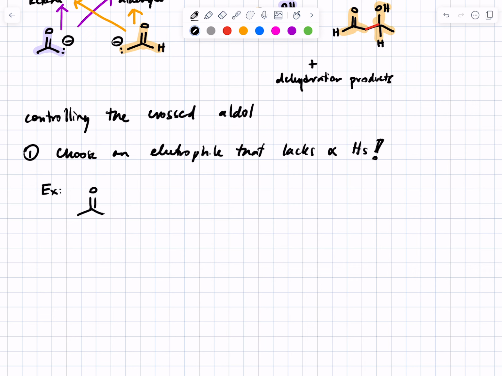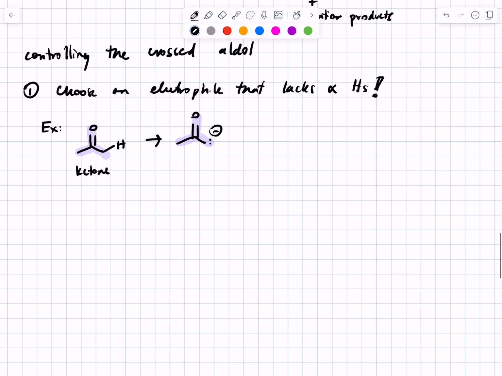Imagine we still use our standard acetone, with an alpha proton, to make our enolate. But imagine that the other partner is an aldehyde that lacks alpha protons.